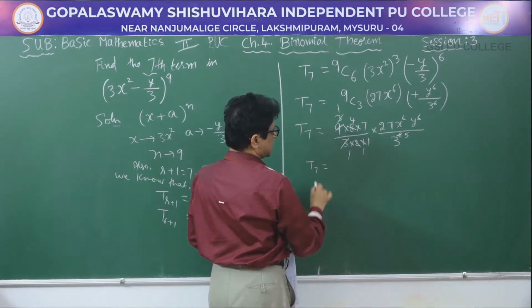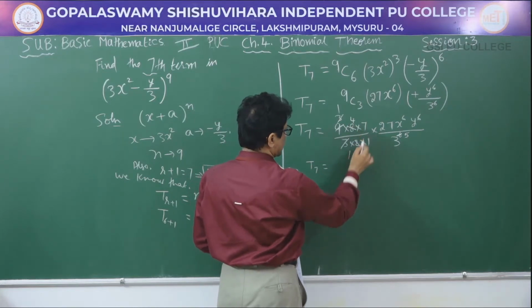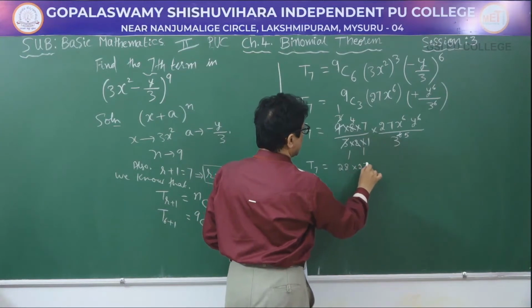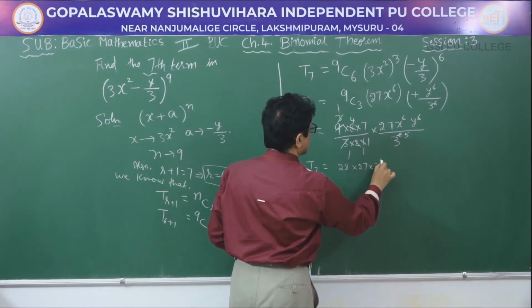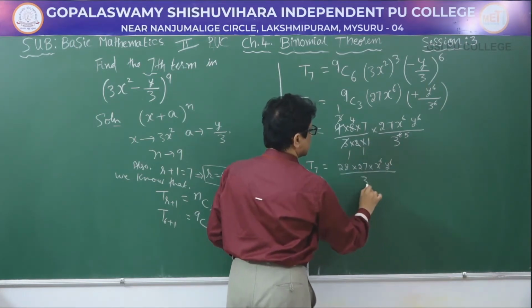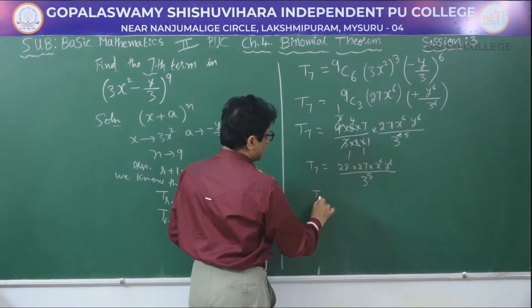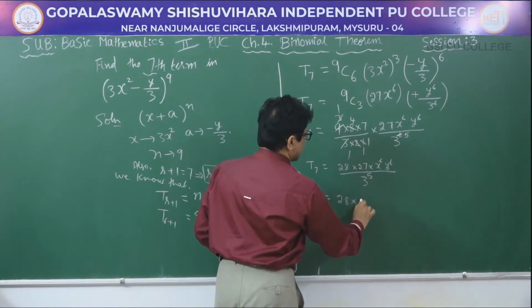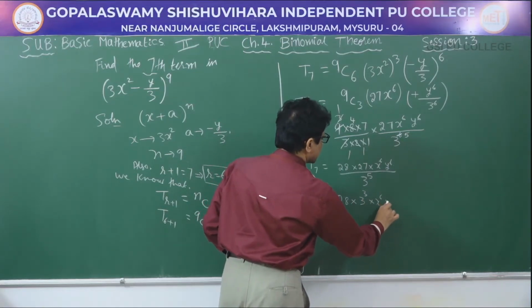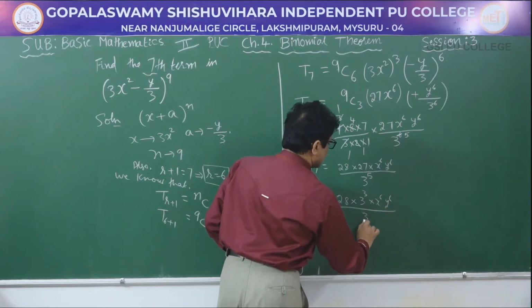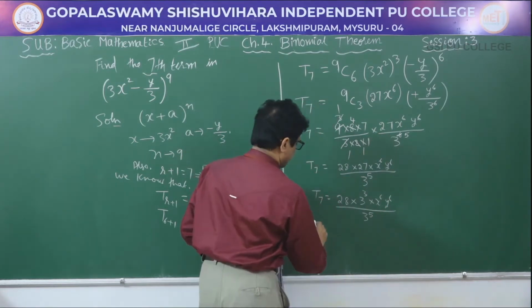So, T7 is equal to 4 7s are 28 into 27 into x power 6 into y power 6 divided by 3 power 5. 28 into 27 can be written as 3 cube into x power 6 into y power 6 divided by 3 power 5.